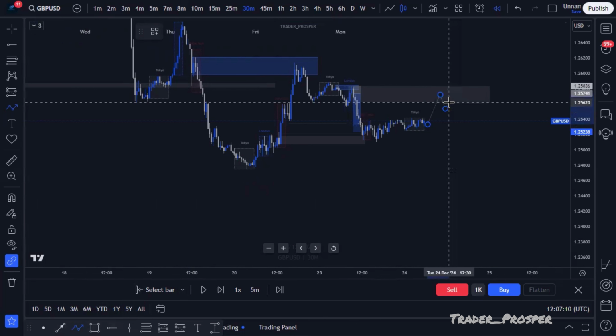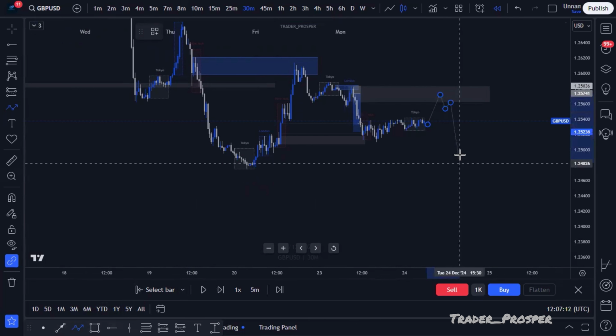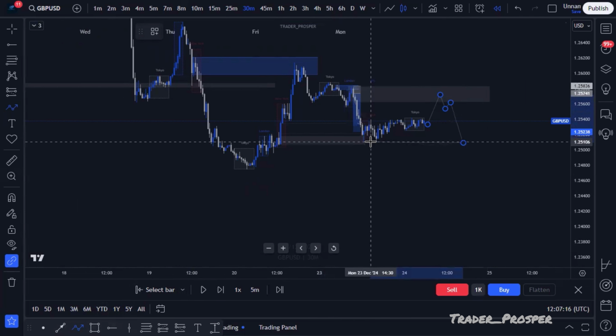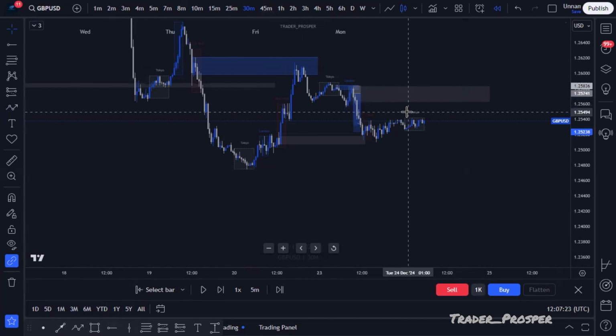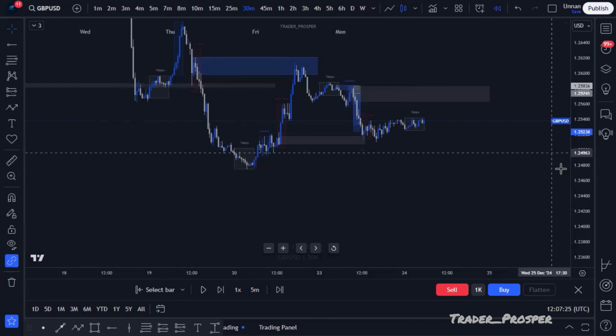When we see our final confirmation, we can target these areas at this point, this one here or this one here. So for this day being Tuesday, that is what we are going to be looking out for.